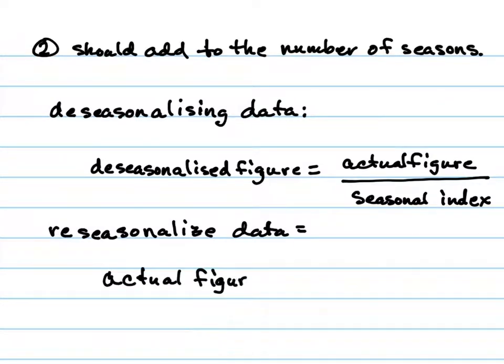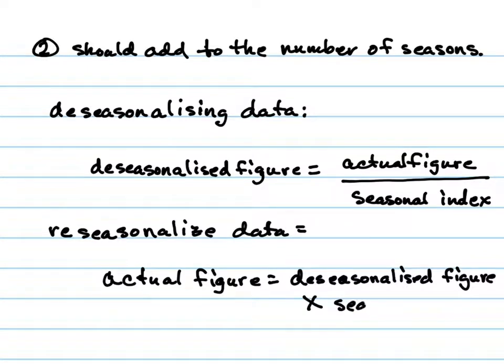That's what you're looking for this time, because we know the deseasonalized figure. So now we're going to do the opposite, and that is simply the deseasonalized figure times the seasonal index.